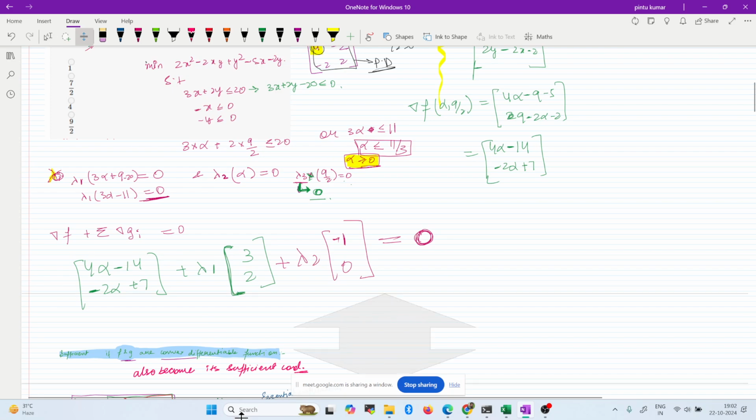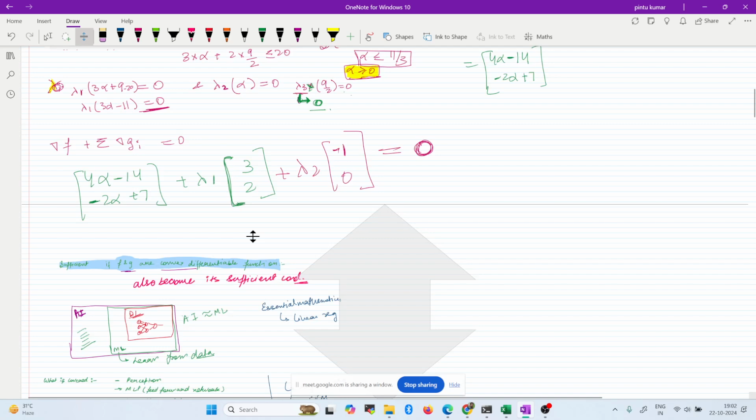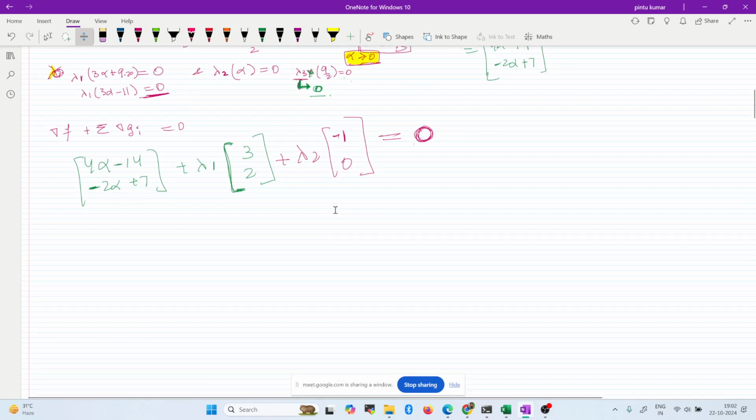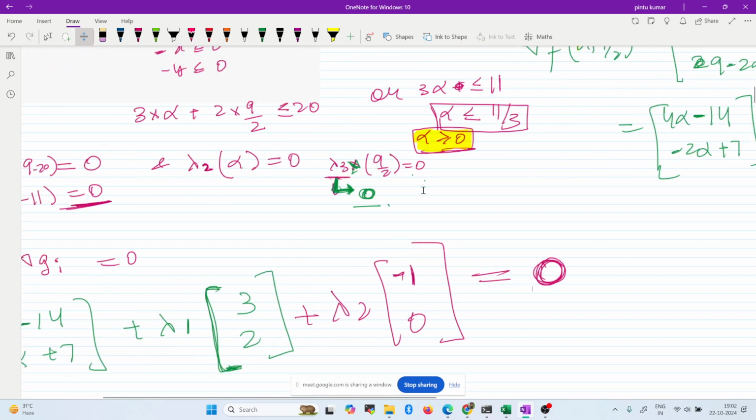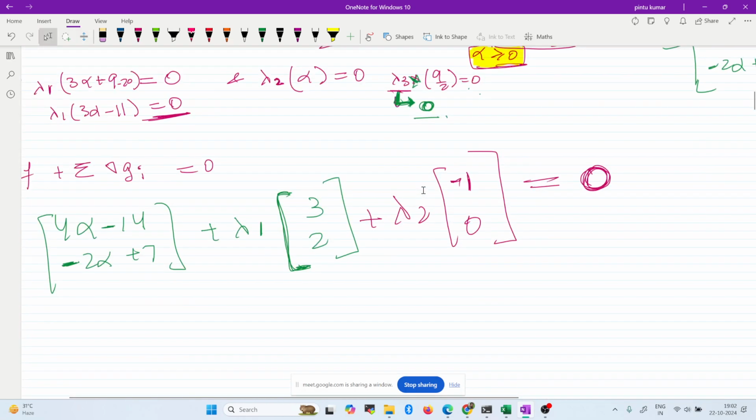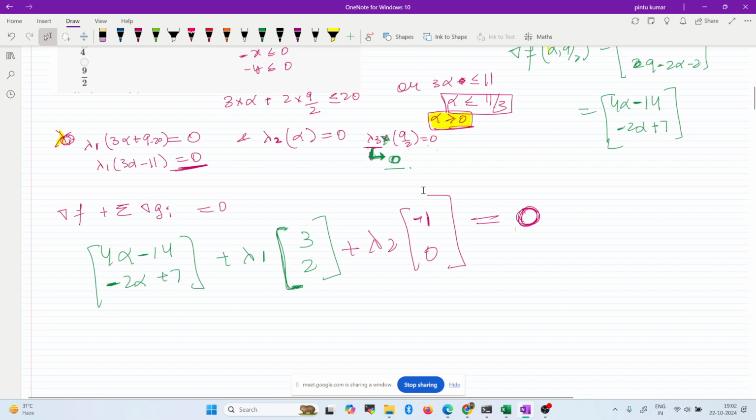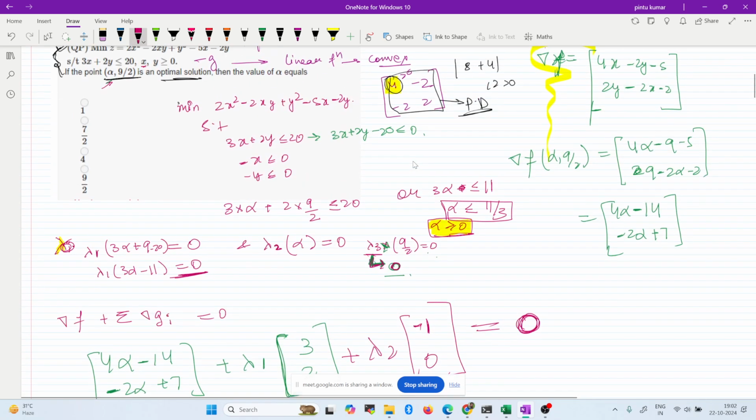Okay, so now we have to solve these equations, whatever information that we have received. We have to somehow solve this set of information to obtain the value for alpha. One thing that we were able to eliminate was that my lambda 3 is 0, right?